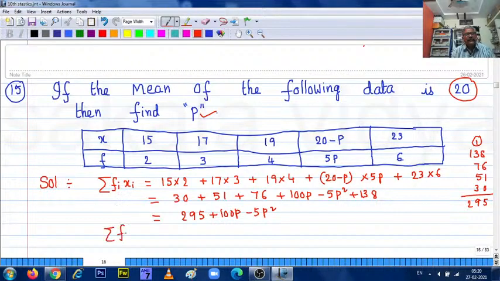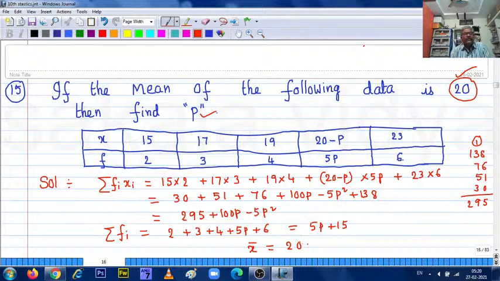Now sigma fi, that is the total frequency: 2 plus 3 plus 4 plus 5p plus 6, which is 5p plus 15. And the mean is given as 20, so x bar equals 20.